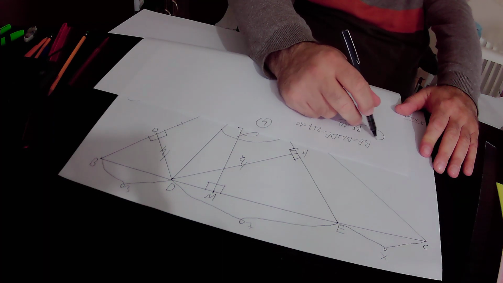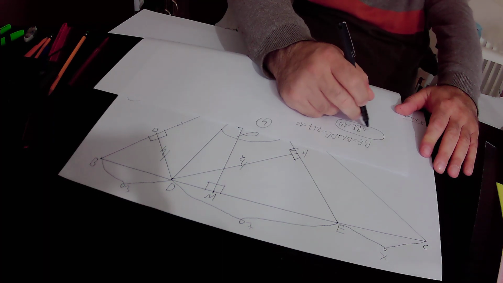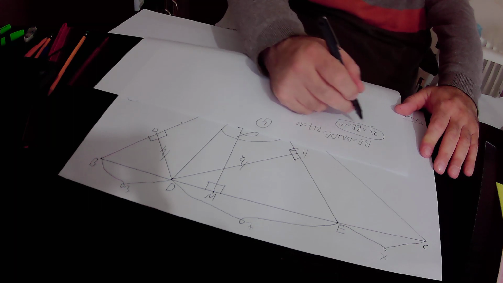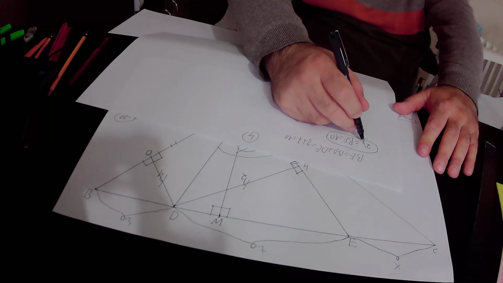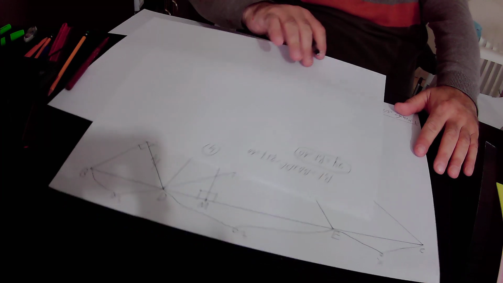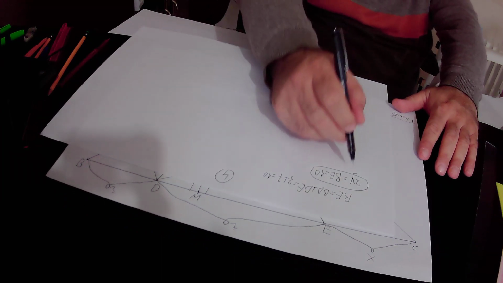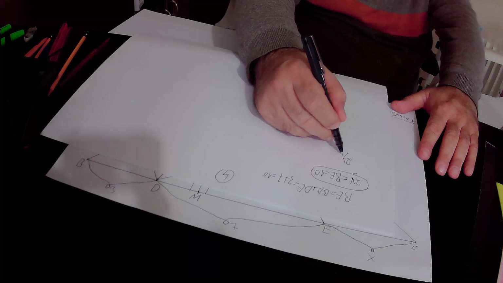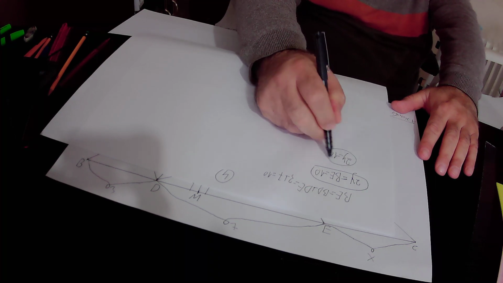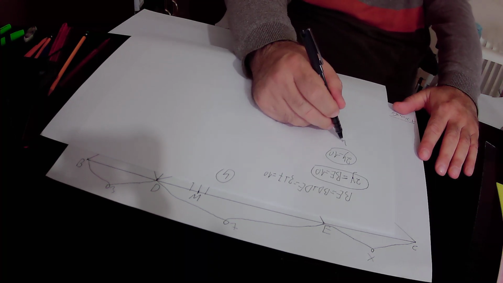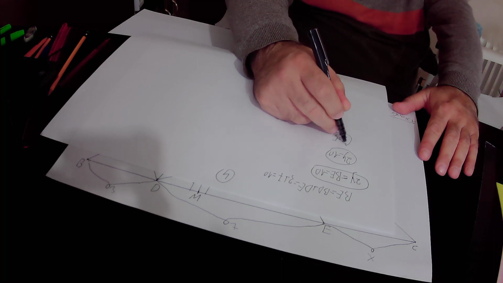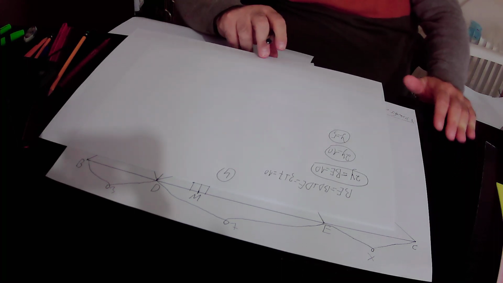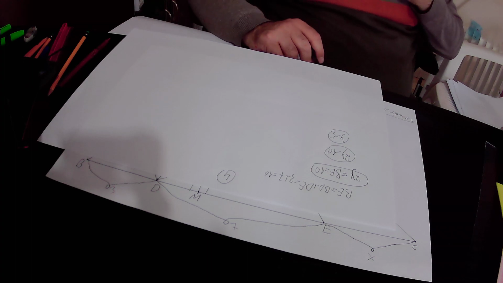So from one side, BE equals 2Y, and from the other side, BE equals 10 units. So from this equation, 2Y equals 10. We'll divide this equation by 2 and we'll get that Y equals 5.